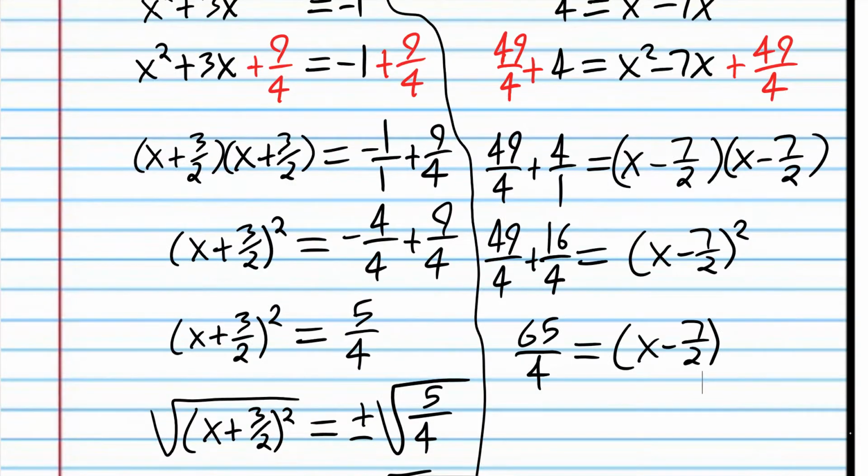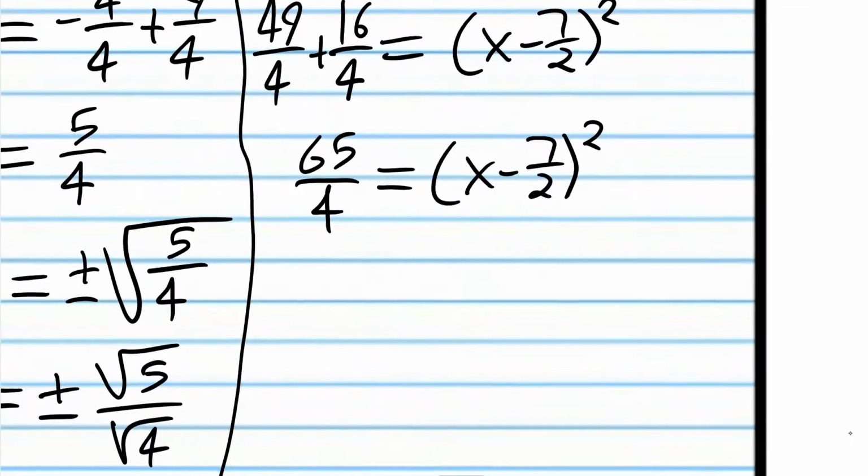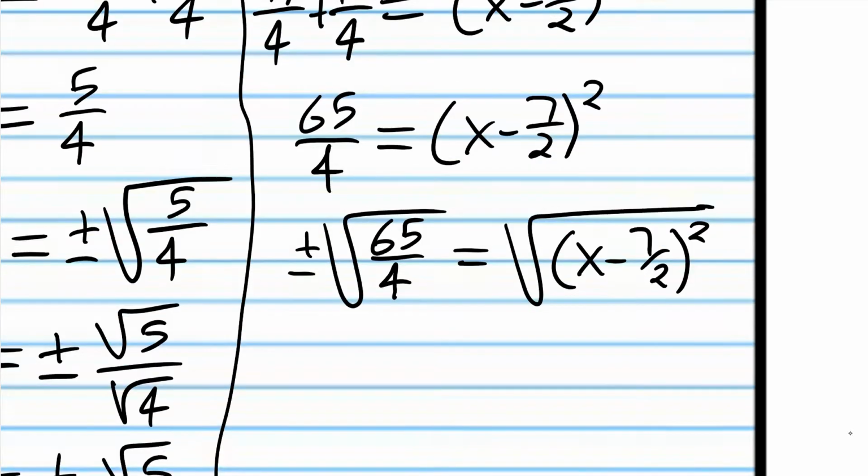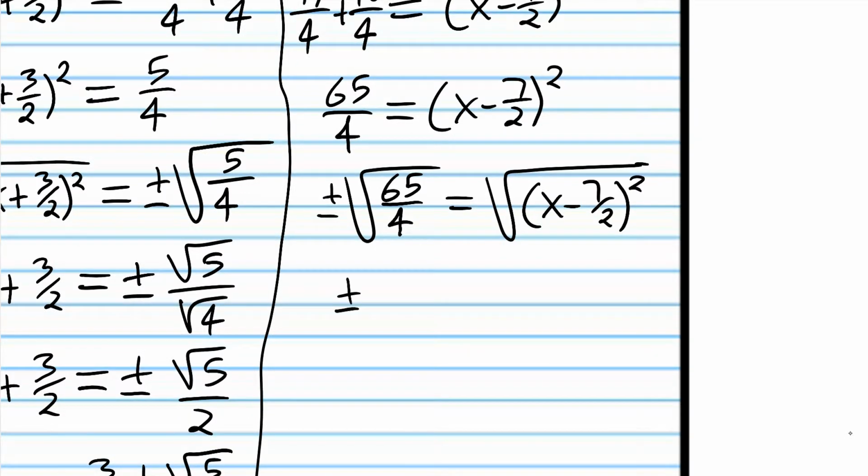And of course, we're going to square root both sides. And we get plus or minus square root 65 over square root 4.